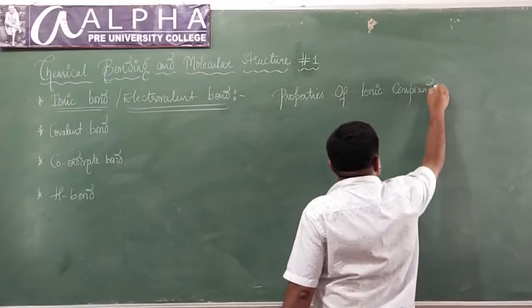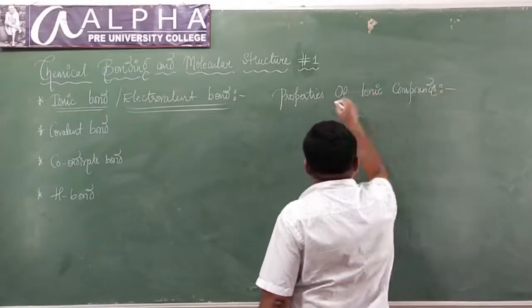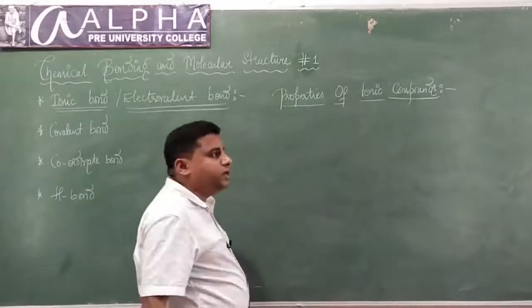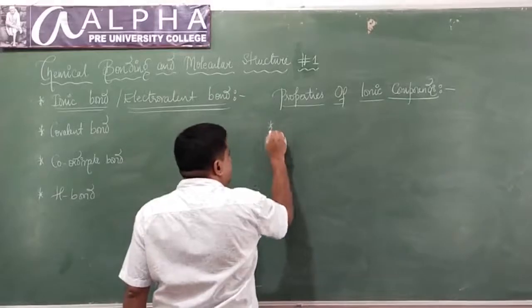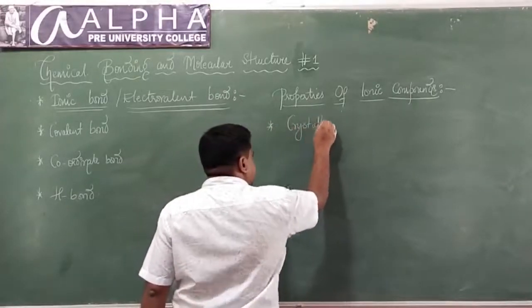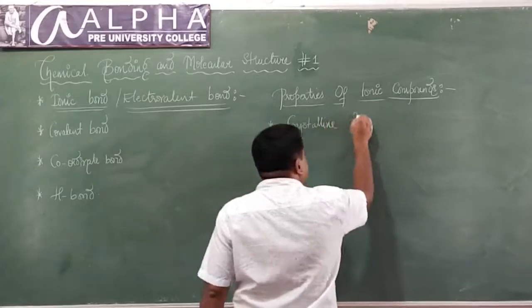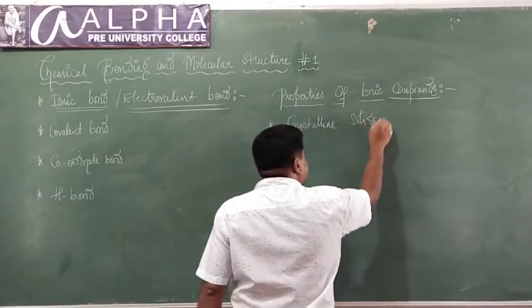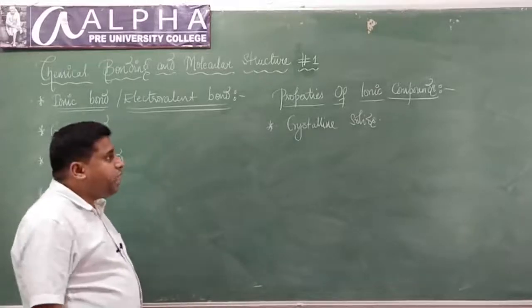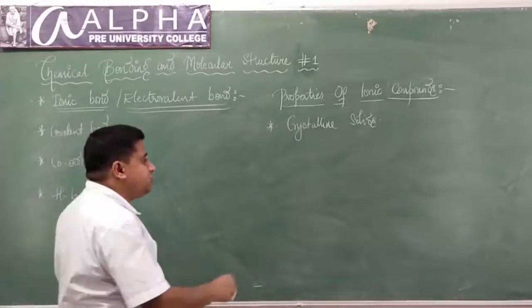Usually ionic compounds are crystalline solids. Ionic compounds are what? Crystalline solids. Are you getting my point?